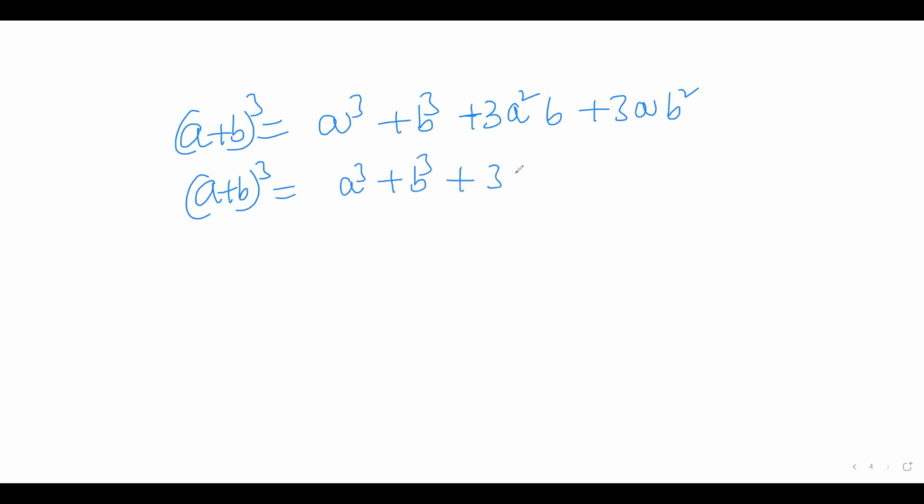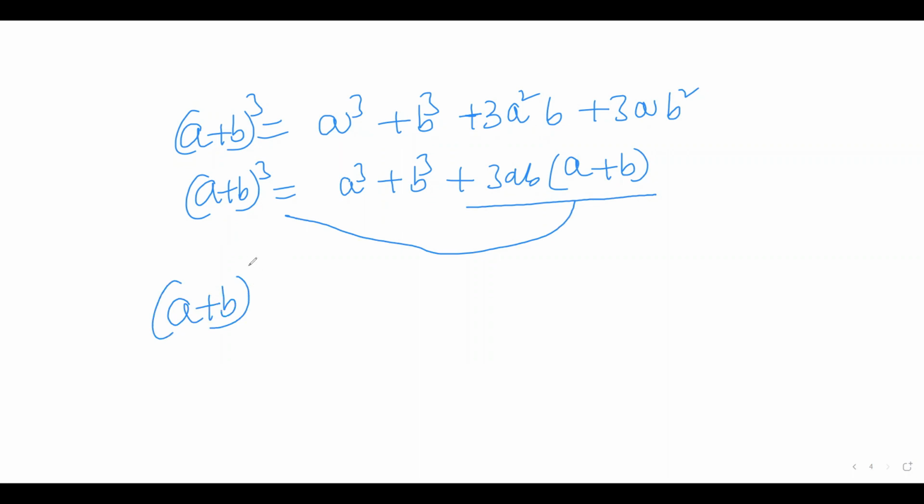On taking 3ab common from these two terms, a plus b will remain. By transposing this part to the other side, we will get our required formula. This plus will become minus: a cube plus b cube is equal to a plus b whole cube minus 3ab into a plus b. That's it.